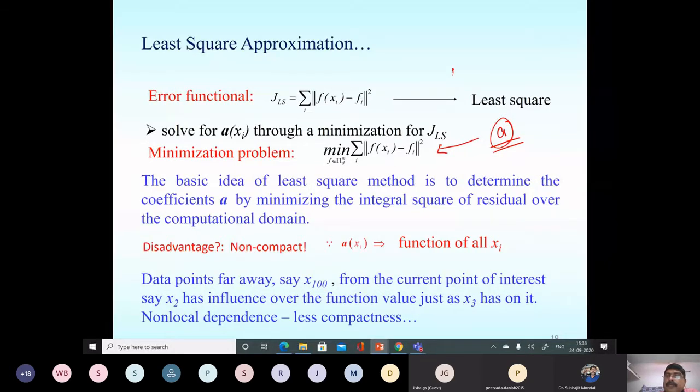If I change the 10th value or the 100th value, then the value of a that I get will change. That is the issue with this. It is non-compact, and in many practical cases it need not be. So people started thinking about weighted least squares.